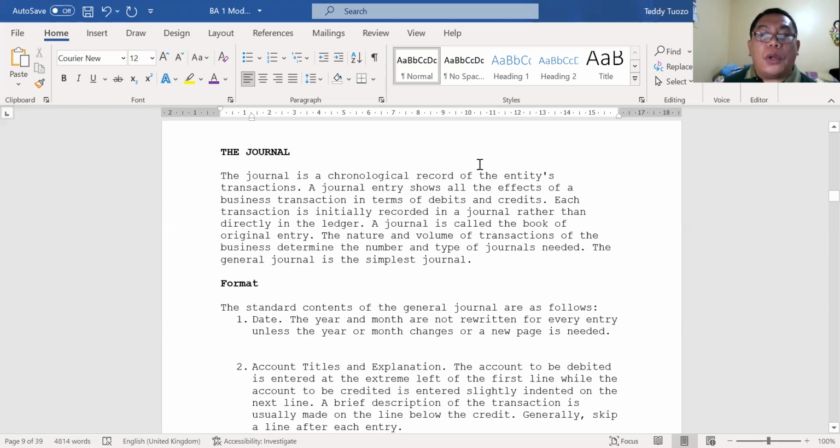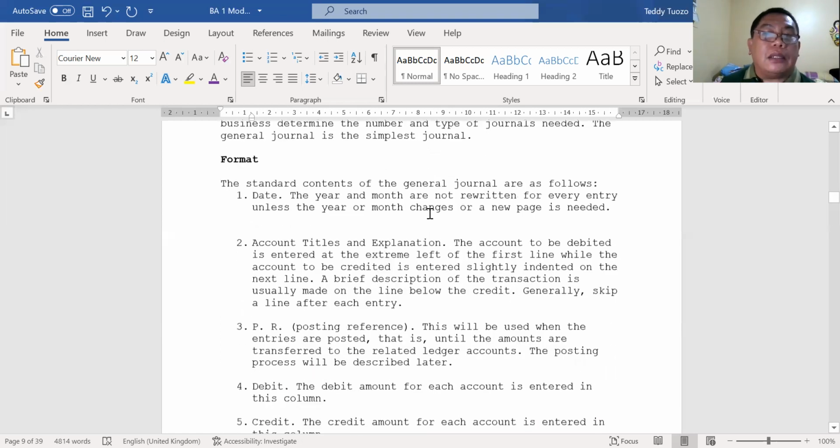The nature and volume of transactions of the business determine the number and type of journals needed. The general journal is the simplest journal. Again, a journal is called the book of original entry, and the general journal is the simplest journal.